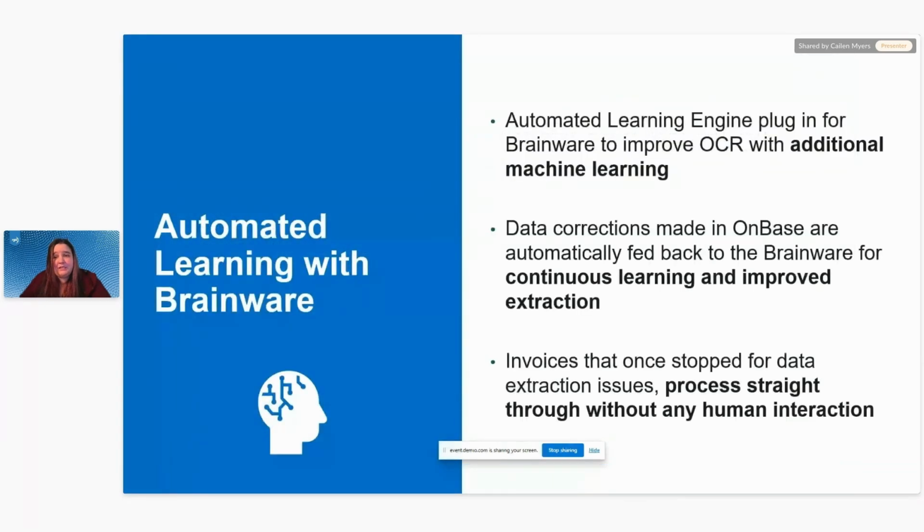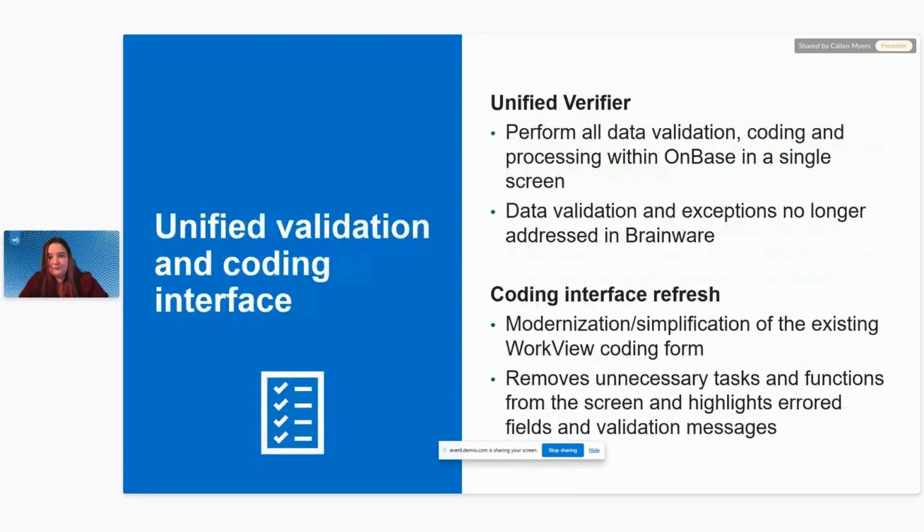Next in AP, they have introduced automated learning engine plugins for Brainware to improve those OCR additional machine learning functions. Data corrections made in OnBase are automatically fed back to Brainware for continuous learning and improved instructions. And because it gets smarter the more documents it sees, invoices that have once been stopped for data extraction issues will process straight through.